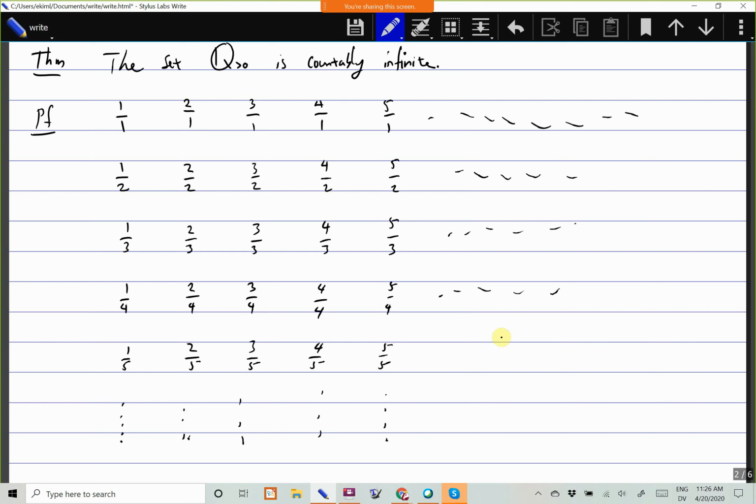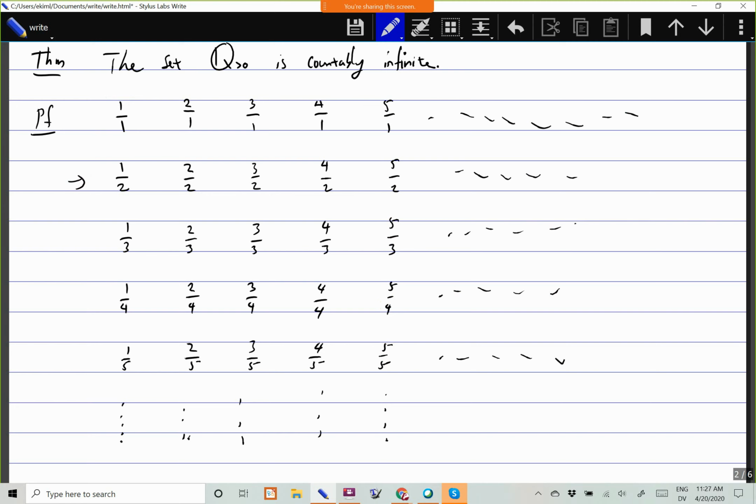So what I want you to notice is that if you go to the right, you always increase the numerator by 1. And if you take a certain fraction you're looking at and you move down in this picture, then the denominator goes up by 1. So said differently, starting with 1 over 1 in the upper left corner, in this first row, all denominators are 1.